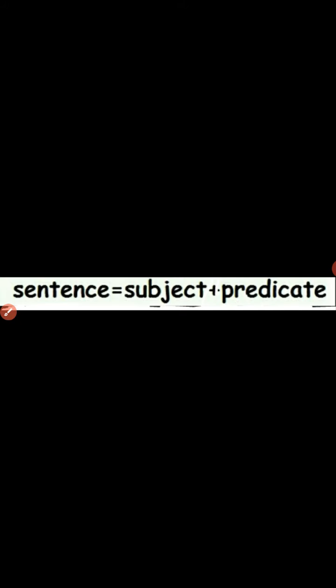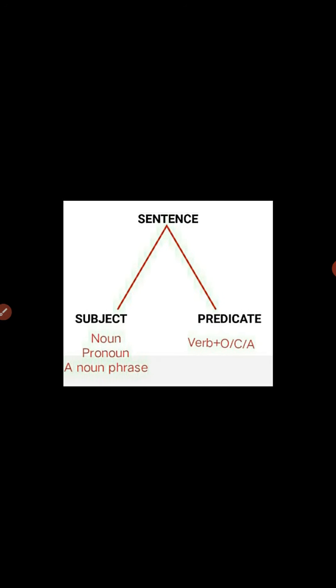Then what is subject and what is predicate? Let's make it clear by reading something more about it. First of all, here a sentence has two parts as mentioned over here. What subject can be and what predicate can be, let me tell you about it first.